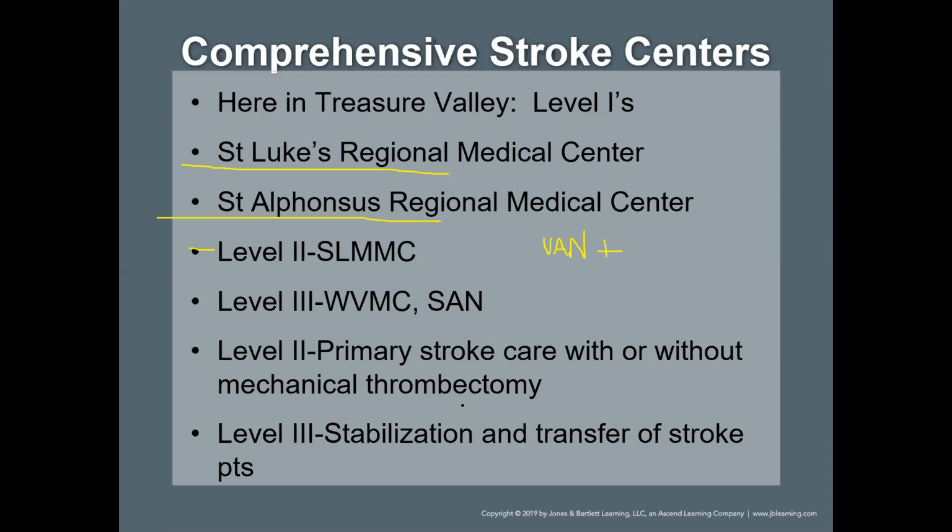These may or may not have mechanical thrombectomies. And a level 3 center is West Valley Medical Center and St. Al's Nampa off of Garrity. Those folks can stabilize, do the CT, give TPA, and make an emergency transfer out of there to either St. Luke's or St. Al's Regional. So that's what that means.